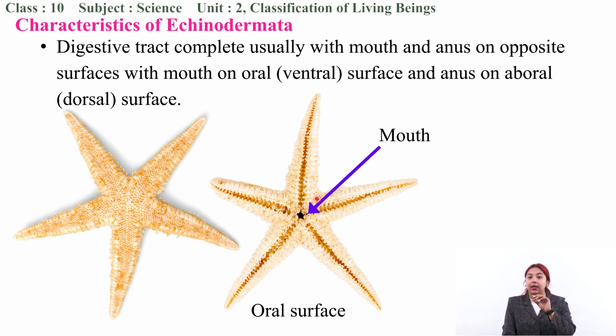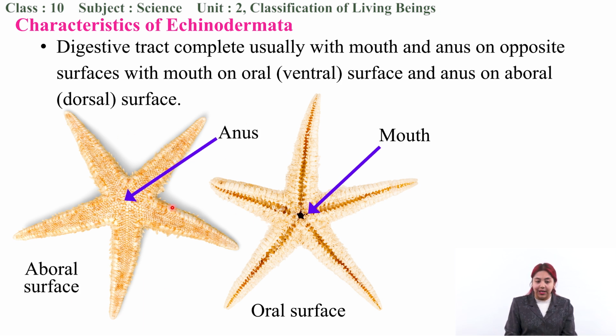If the mouth is present on the ventral surface, then the anus is present on the opposite surface, the dorsal surface in this organism. This dorsal surface that contains the anal opening is also known as the aboral surface.